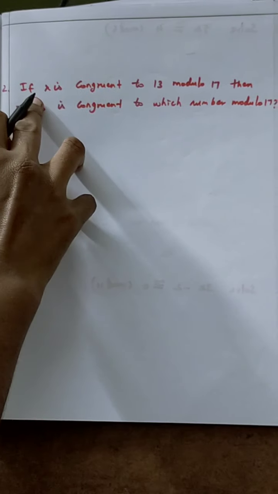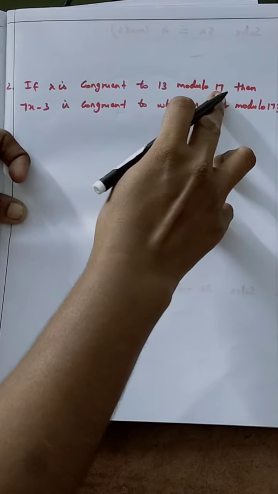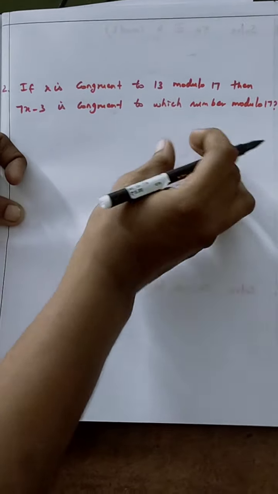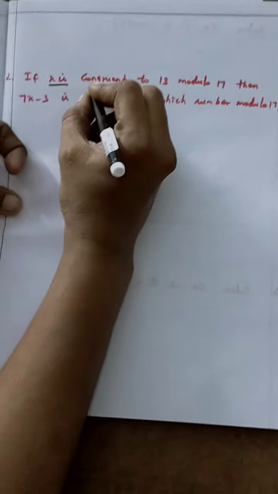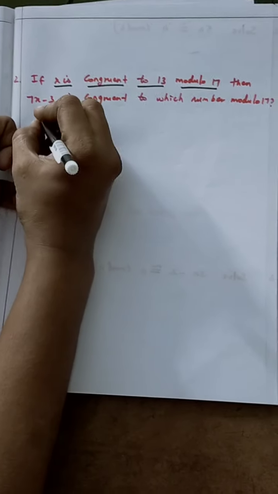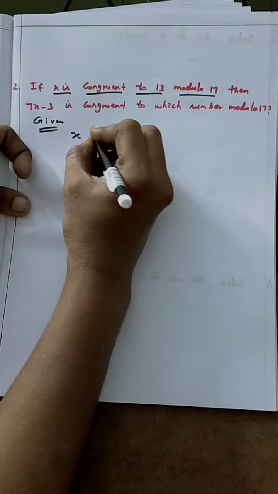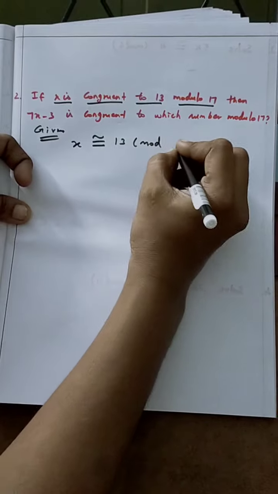Second question: if x is congruent to 13 modulo 17, then 7x minus 3 is congruent to which number modulo 17? So what is given? x is congruent to 13 modulo 17. So first write the given: x ≡ 13 (mod 17).